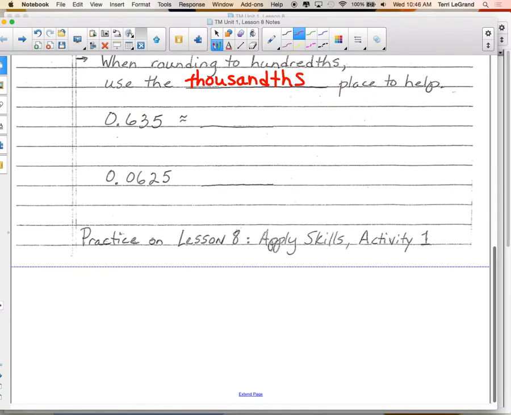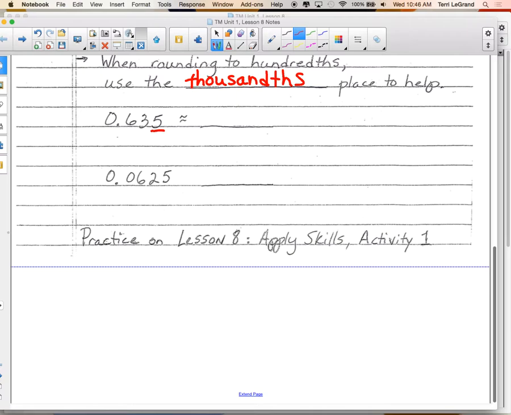Well, first of all, somebody read that number for me. What does that number read? Sam? 635 thousandths, yeah, thousandths. Okay, so we need to round, underline the 5, don't we? Okay.